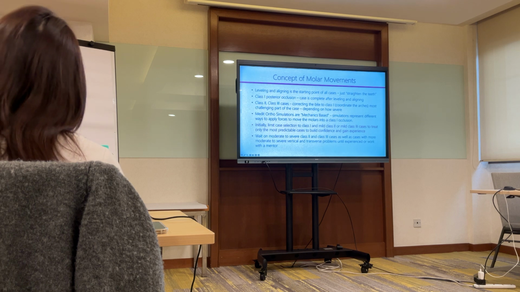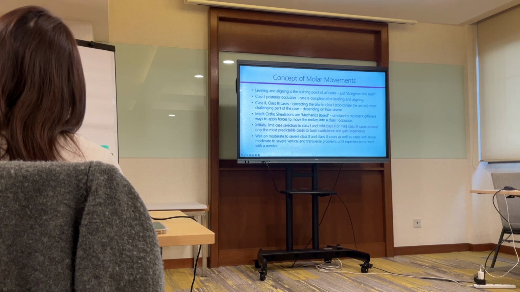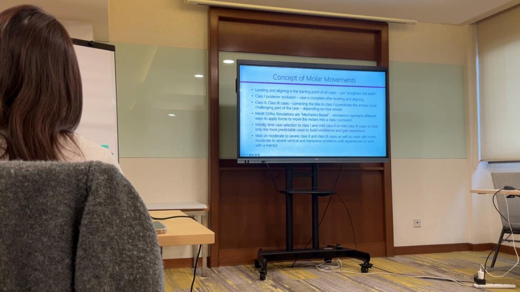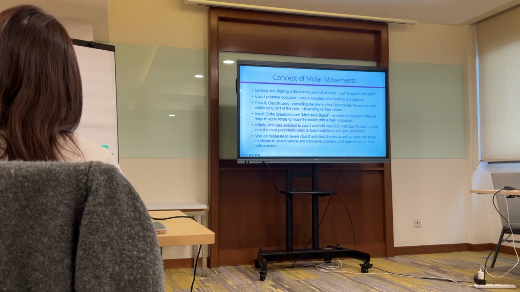What are the non-extraction methods to correct class 2? First and the most common is class 2 elastics. Okay? Second, distalization. Class 2 elastics bring the lower teeth forward. Distalization will take the upper teeth back. Okay? These are the two methods of correcting class 2 non-extraction.